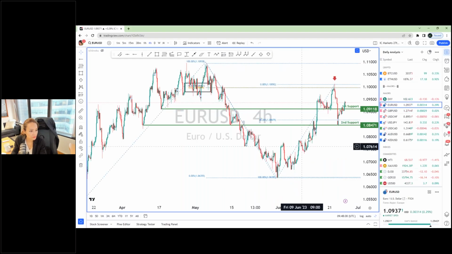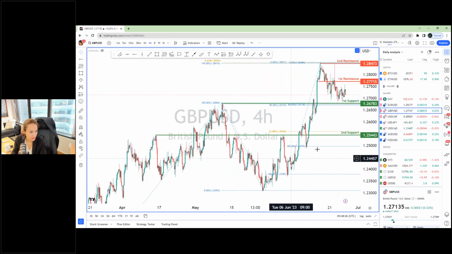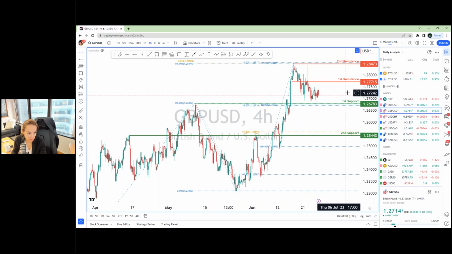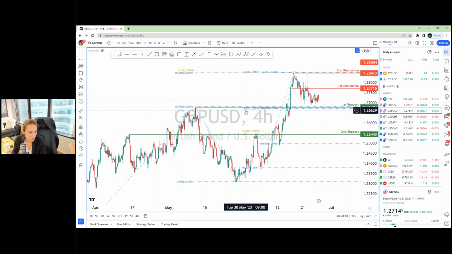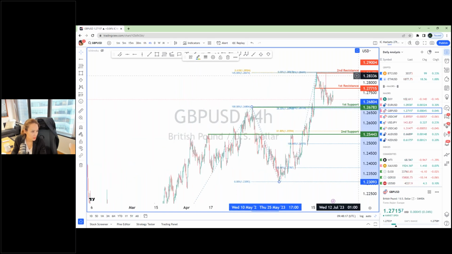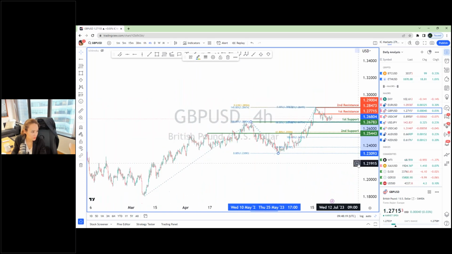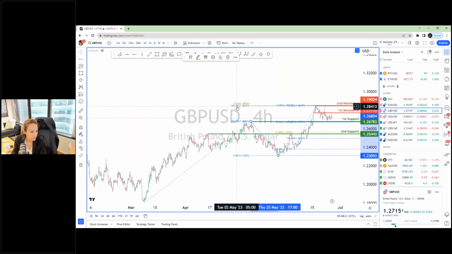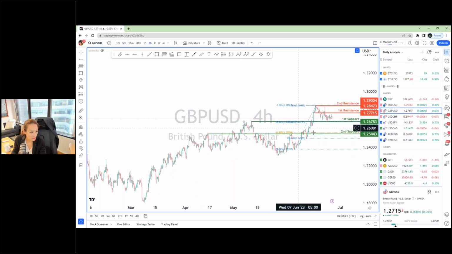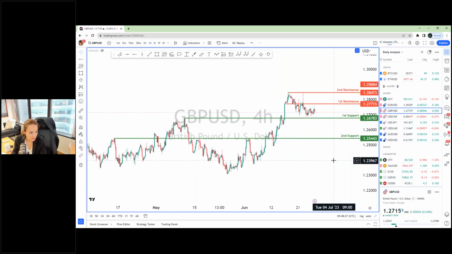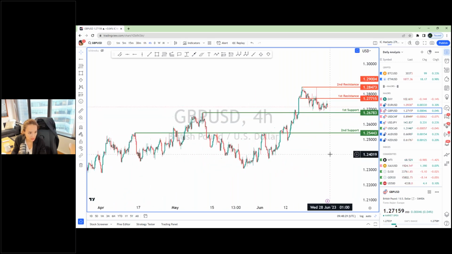For example, let me find another. Okay, this is a very good example of Fibonacci confluence here. Let me just remove all. Let me see how I draw, I also forgot. Okay, for example here, first I find the support and resistance levels.